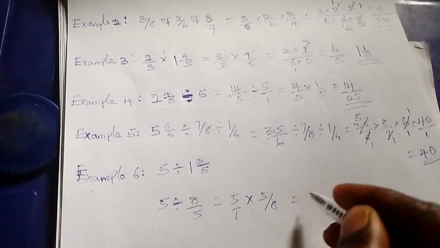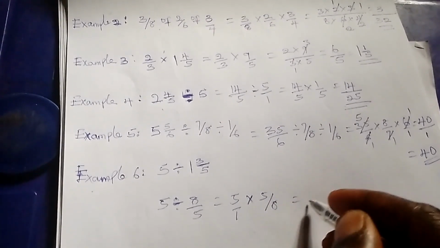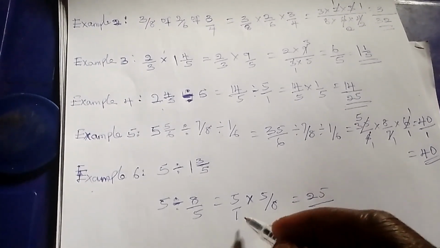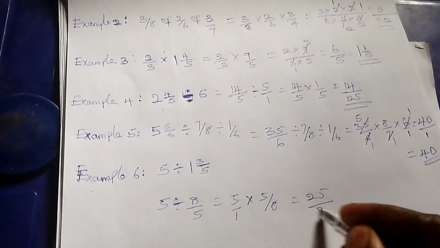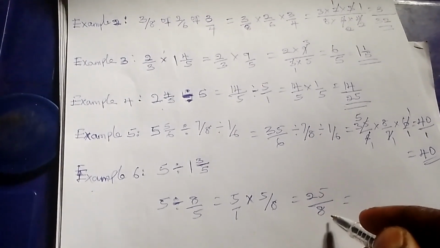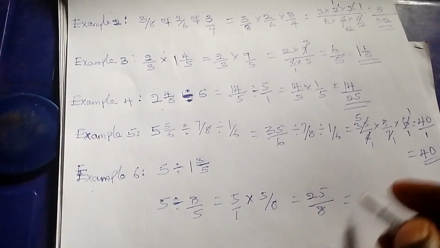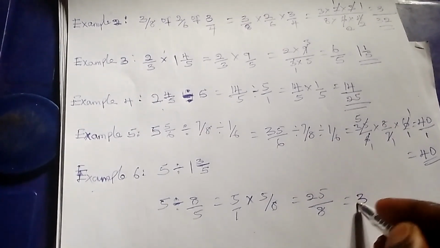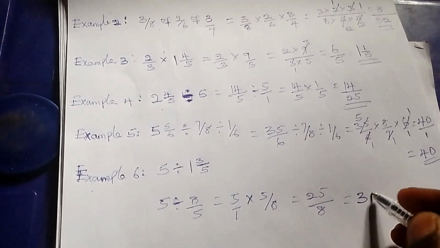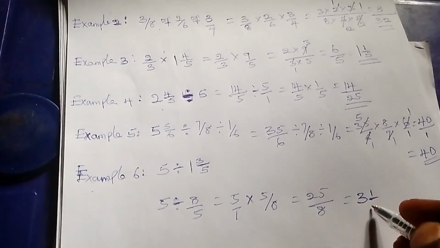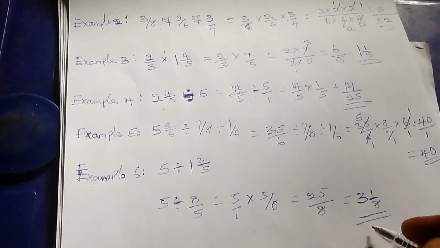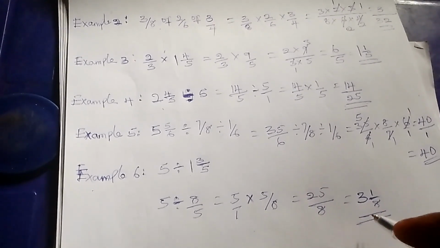On the numerator we have 5 times 5 is 25. Then on the denominator we have 1 times 8 is what? 8. Now if we divide it back, 25 divided by 8, we have 3 whole number, what is remaining? 3 whole number 1 all over 8. So this is the solution of our last example.